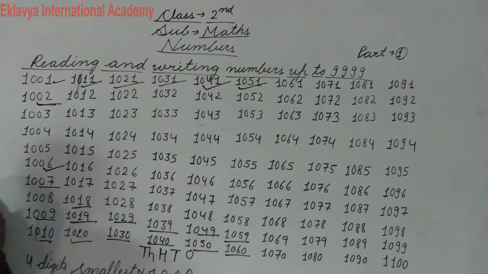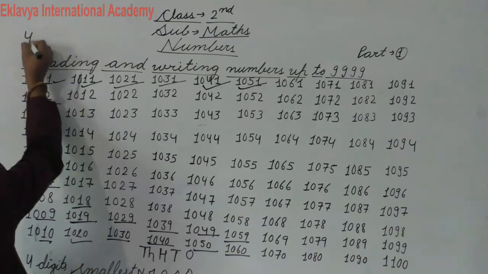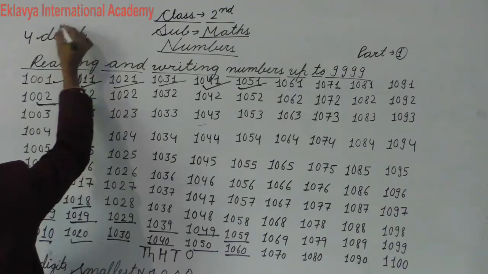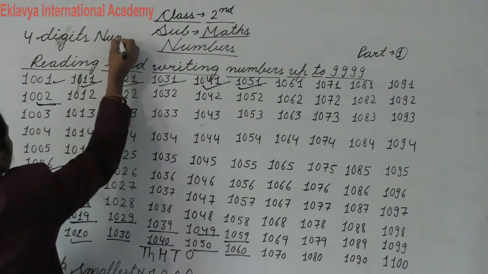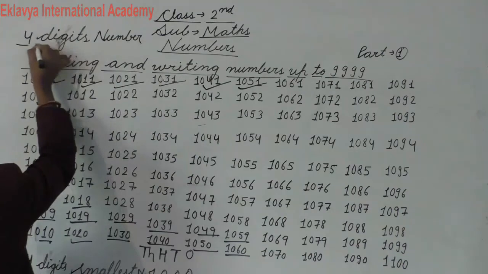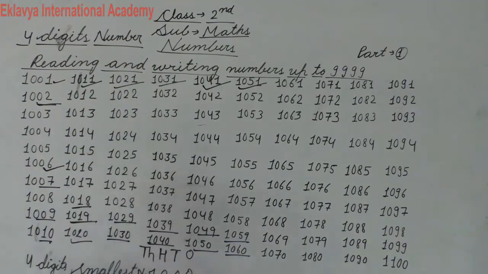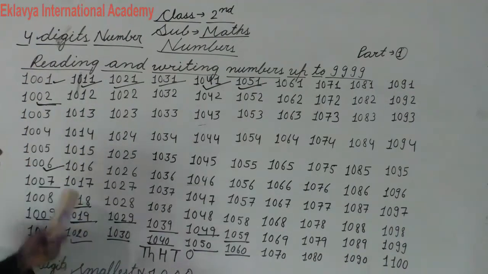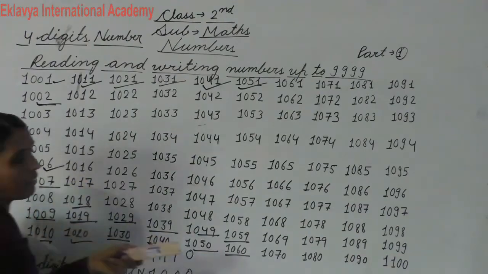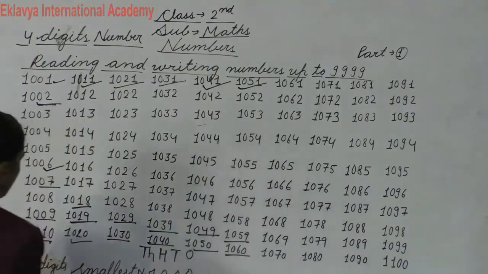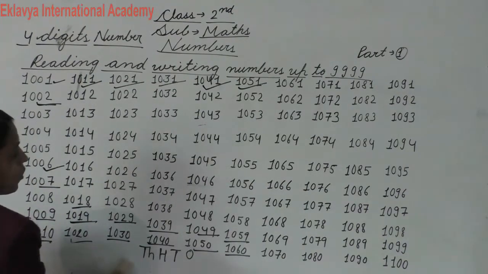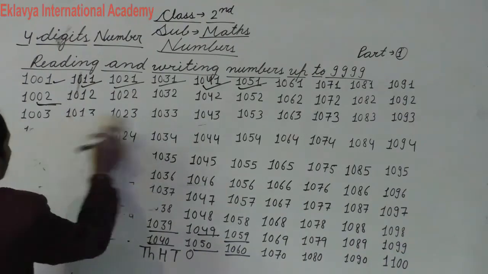So beta, first of all we are talking about 4 digit numbers. All students, you have to learn and write the counting 1001 up to 1100. You have to learn the counting.